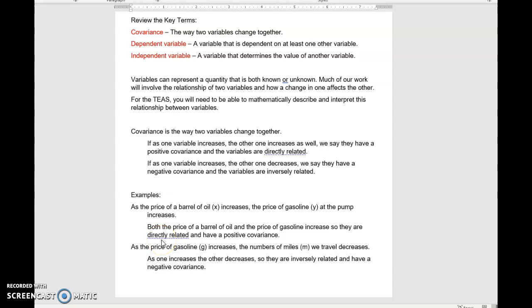So they're directly related and have a positive covariance. Another example: as the price of gasoline G increases, the number of miles we travel decreases, because higher gas prices lead to less travel. So as one increases, the other decreases. You would have a graph going down if you drew it. So they are inversely related and have a negative covariance.